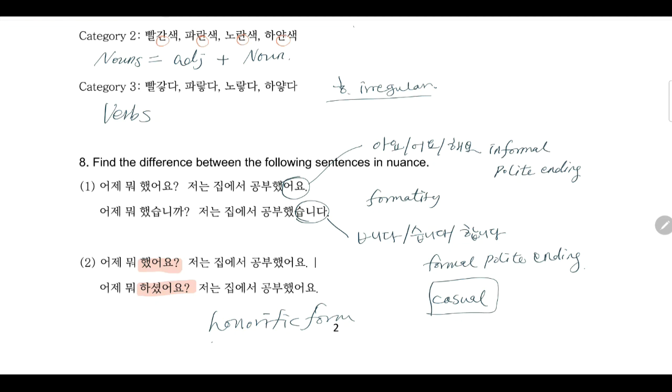Syntactically, there's a simple answer. It goes with subject, okay? When the subject is older person or higher person in the hierarchy, then the verb needs honorific form, okay? Subject. Most of the time, as we already know, subjects are hidden. So we have to infer what is the hidden subject.